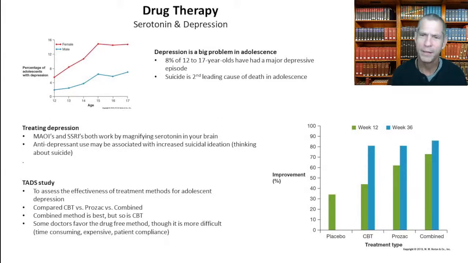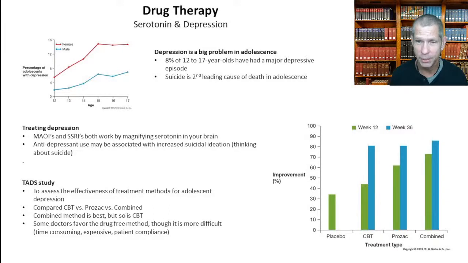So what we have here is we're comparing three different treatment paths. Some people were only given cognitive behavioral therapy, some people were given only drug therapy, and some people were given a combination of both drug therapy and talk therapy. Okay?